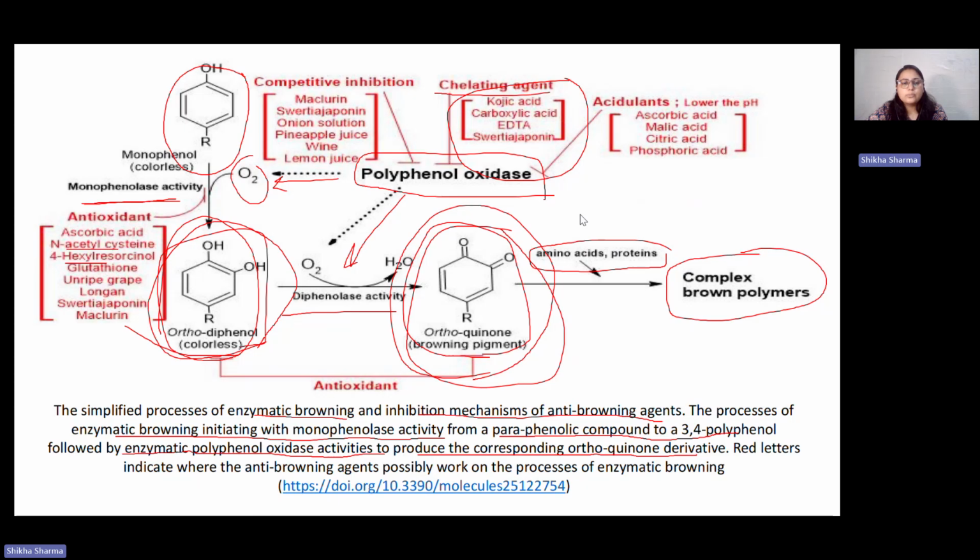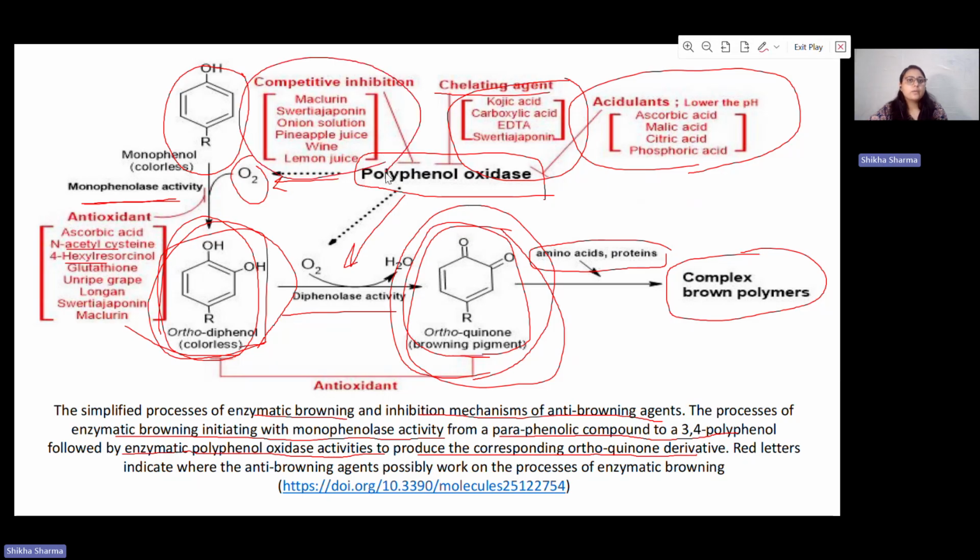They also help interfere with the polyphenol oxidase activity. Some acidulants lower the pH so that the polyphenol oxidase will not act properly, like ascorbic acid, malic acid, citric acid, or phosphoric acid. And then there are other things like lime juice, pineapple juice, wine, or onion solution.